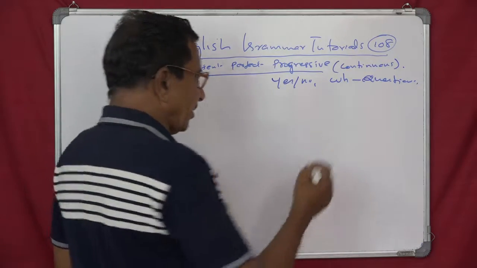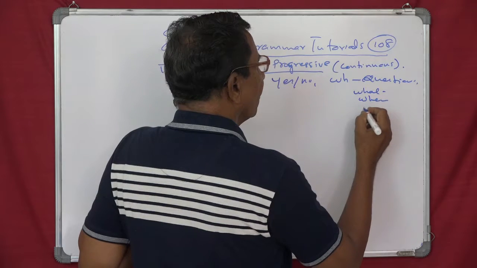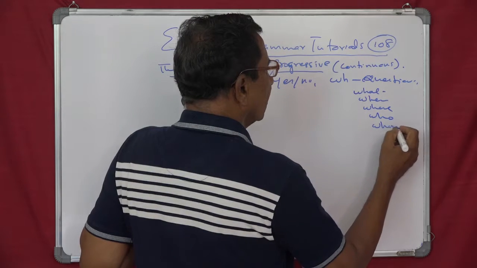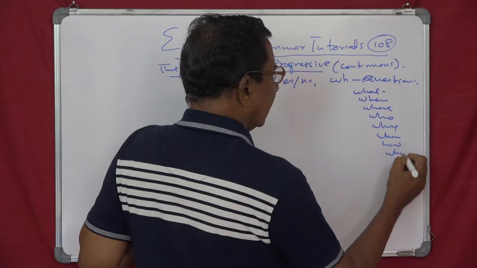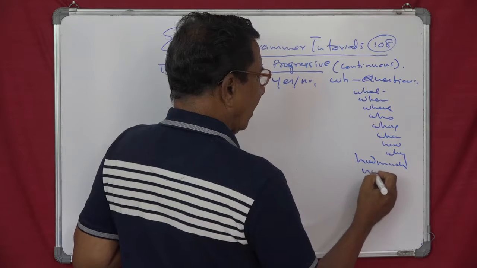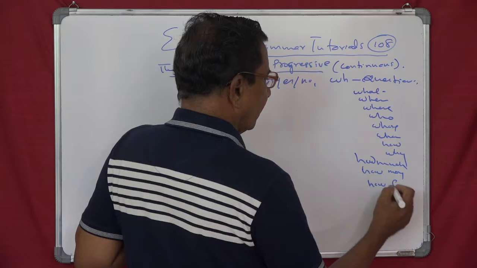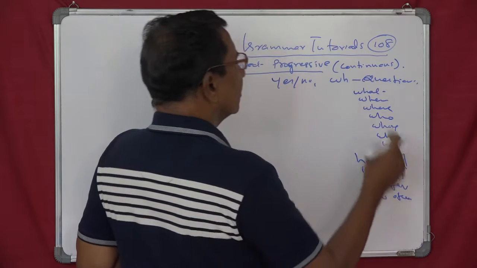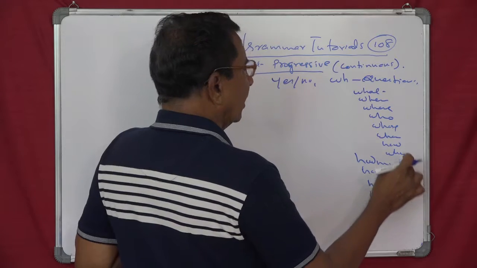So, for example, we have what, when, where, who, whose, whom, how, why, how much, how many, how far, how often, and so on.